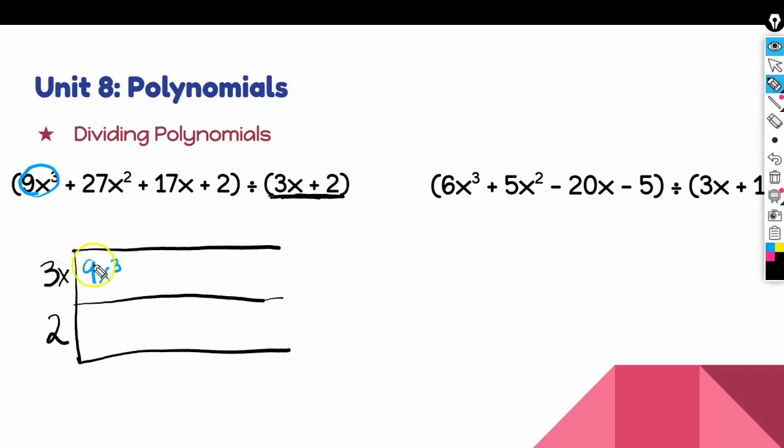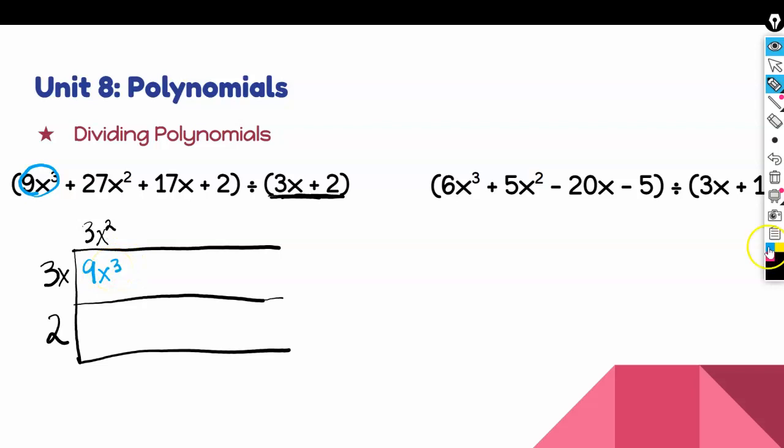Well, to get to 9, I have to multiply 3 with 3. And to get to x to the third, I have to multiply x with x squared. So the exponents add up to whatever I end up with in there.